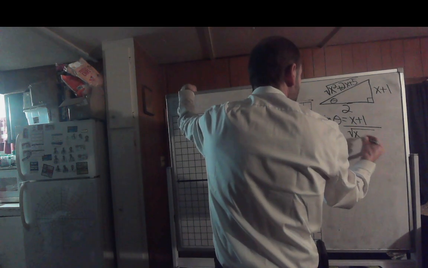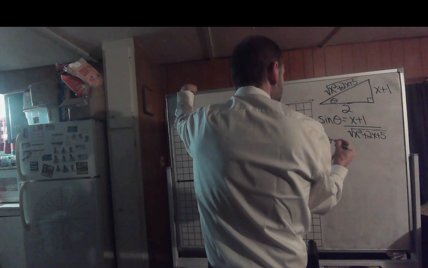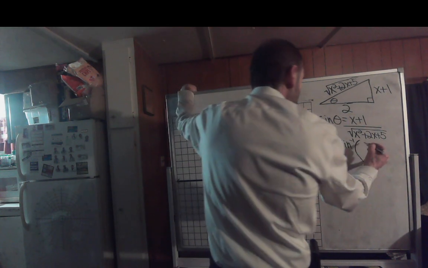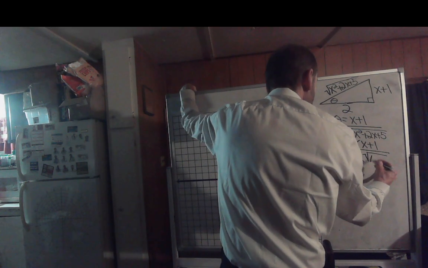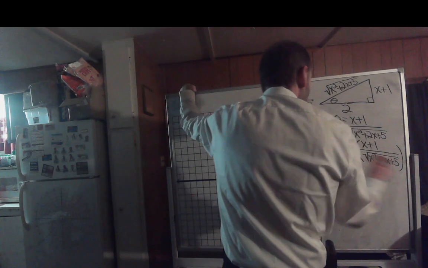Well, the sine of theta is x plus 1 all over that square root of x squared plus 2x plus 5. So that means that theta itself equals the inverse sine of x plus 1 over the square root of x squared plus 2x plus 5. So there's one way to express theta.